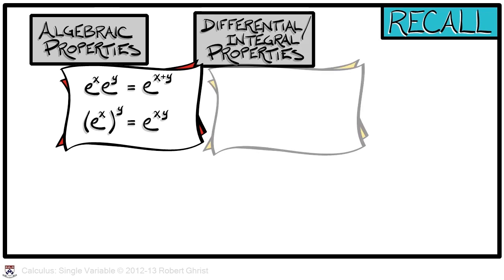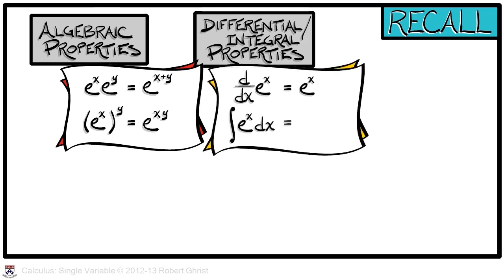From your prior exposure to calculus, you should have seen some differential and integral properties. E to the x is that remarkable function that is its own derivative, and thus it is its own integral up to the constant of integration.